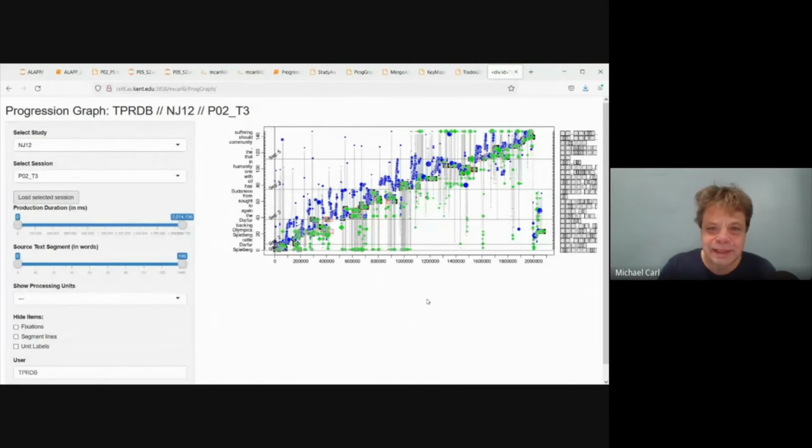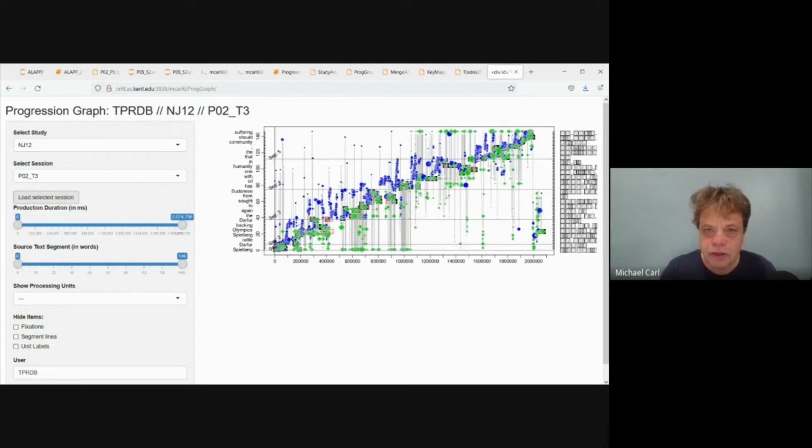So what we can see here is a translation progression graph. On the left side is the source text, just like before, and on the horizontal axis is the translation time. Now we can zoom into this area.